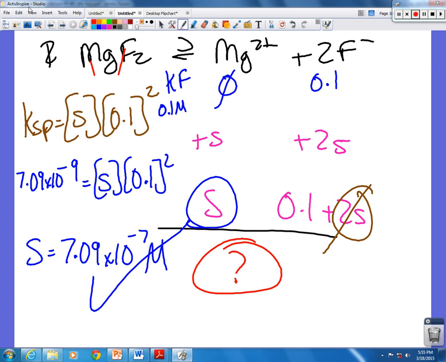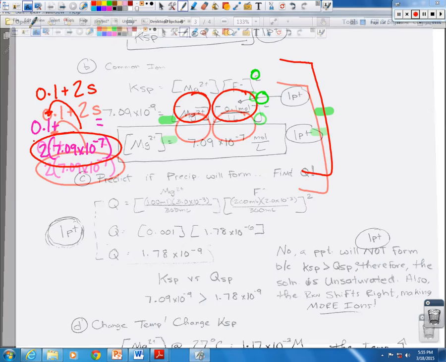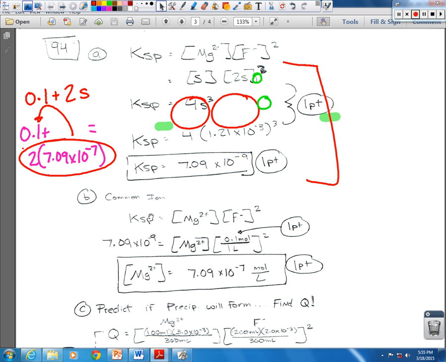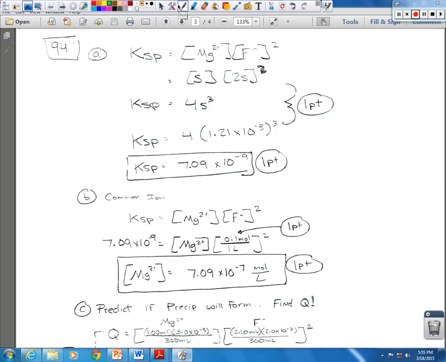So when I did it right here, because remember, when we wrote our KSP, everything stays squared because you plug into the KSP and the KSP tells you to square. You square the 0.1 as well. Alright, does that make sense?